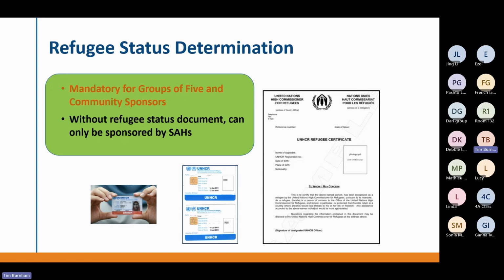If the refugee does not have a refugee status document, then they can only be sponsored by a sponsorship agreement holder organization. Normally, if a refugee has a refugee status document, it will have words that say that they are a recognized refugee.